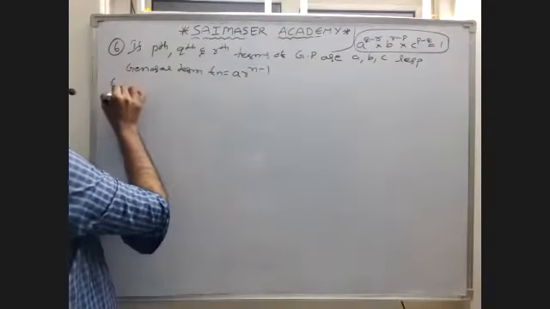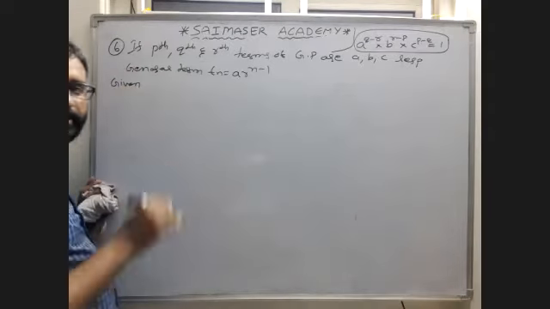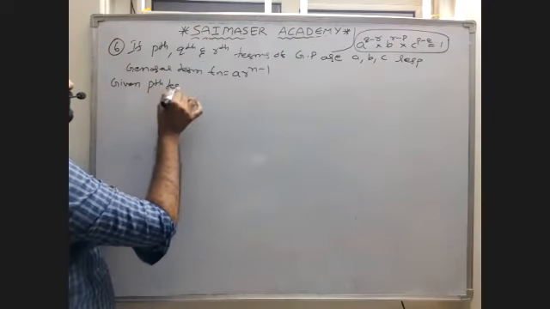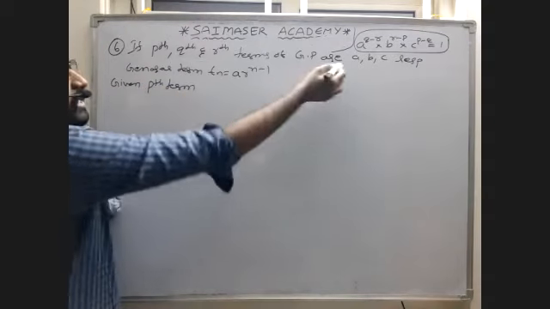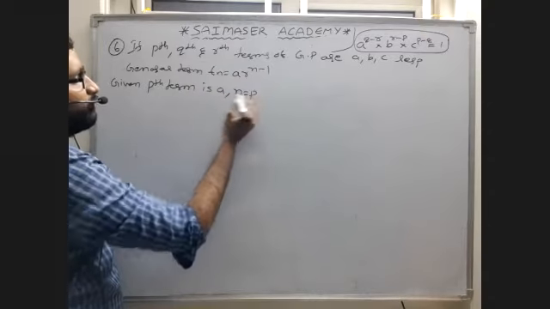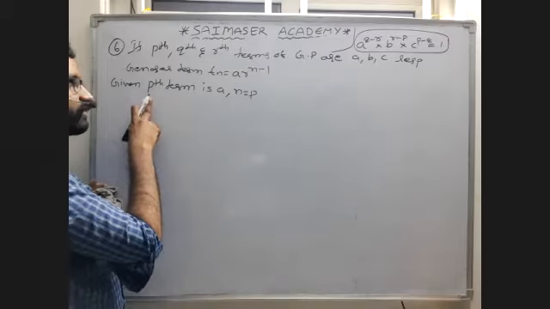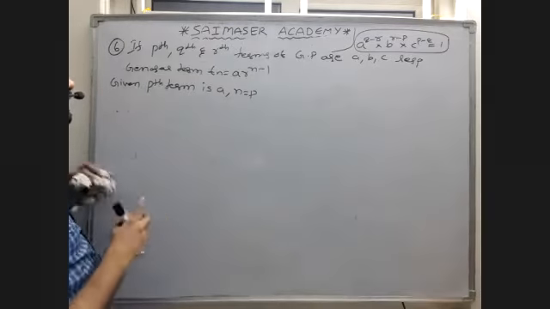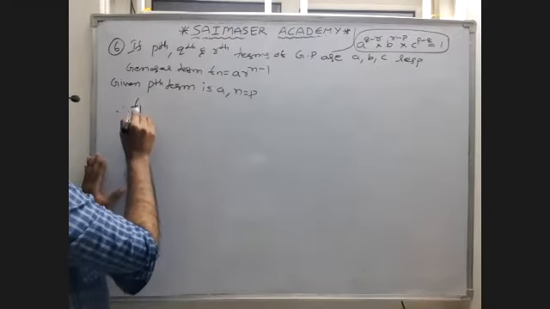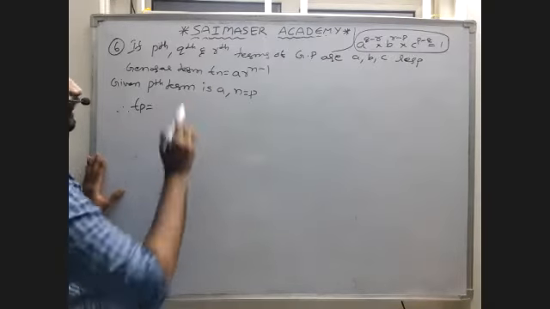What is given? Given data. Now I am writing the pth term. What is the pth term? A, where n is equal to p here. Therefore, just write p in place of n. Tp is equal to A.